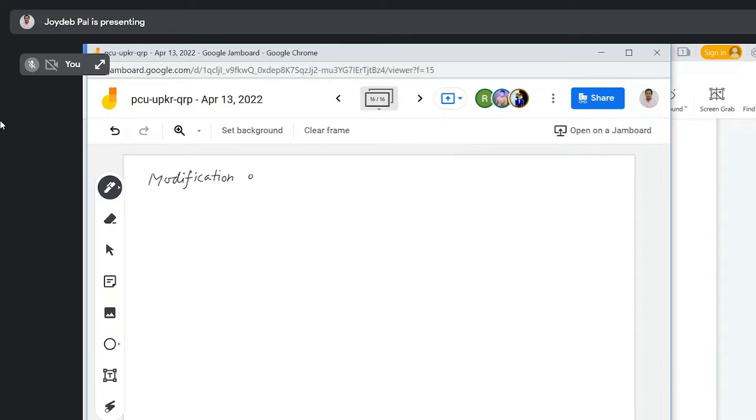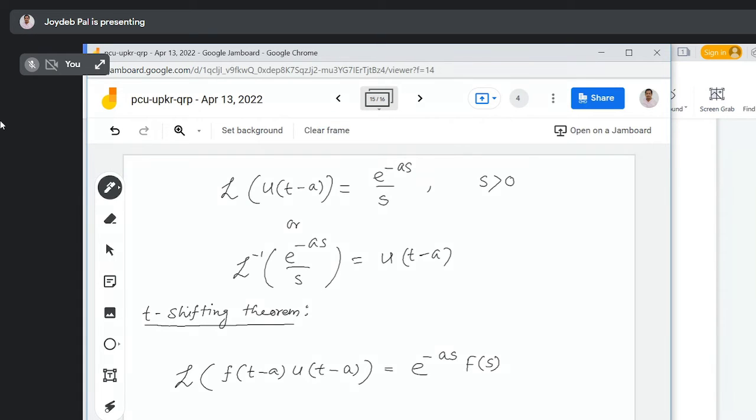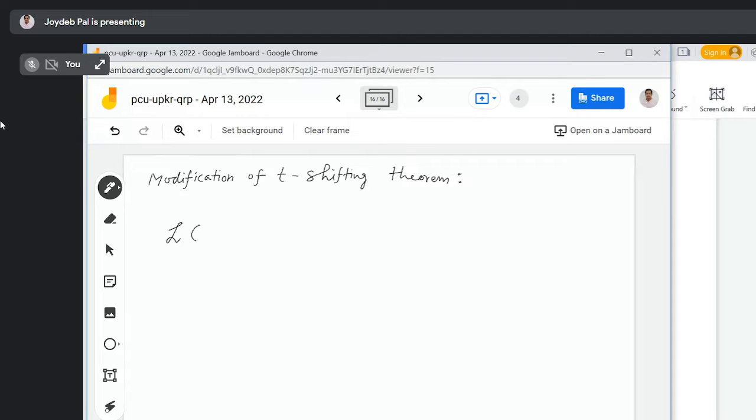Modification of the T-shifting theorem. In the T-shifting theorem, it is f(t minus a) u(t minus a). Sometimes it can be taken as f(t) into u(t minus a), not f(t minus a) u(t minus a).